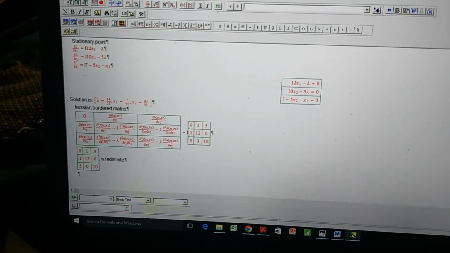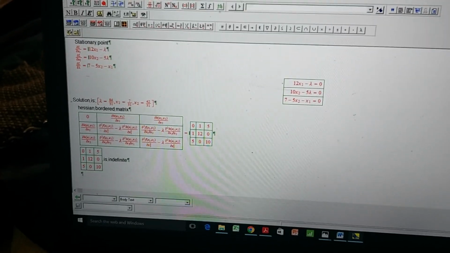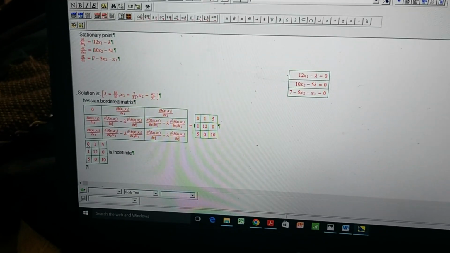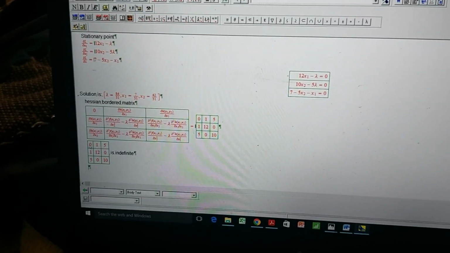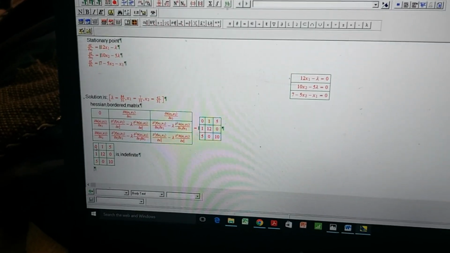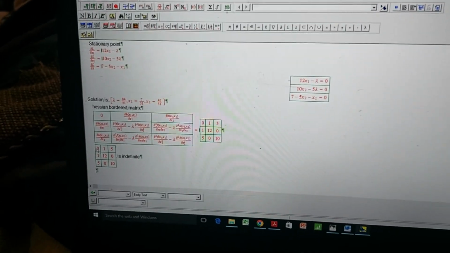Also we need to find the determinant of this matrix, because in the Hessian border matrix we start from size 2m plus 1. So 2m plus 1 is 2 into 1 is 2, plus 1 is 3. So we start from 3 cross 3.